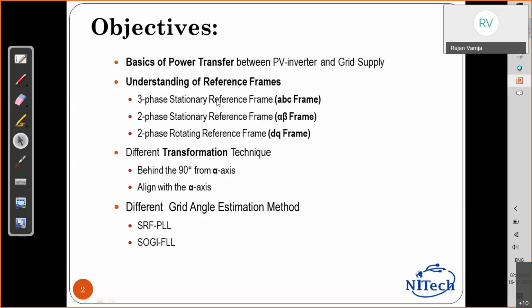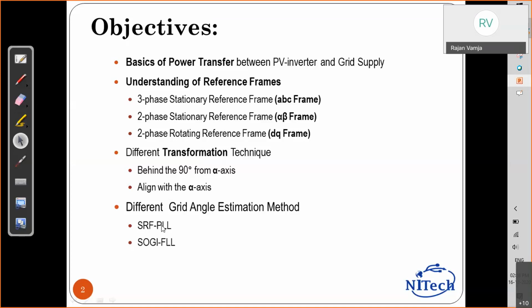Firstly, we will see the difference between them: the first one is the three-phase stationary reference frame, the second is also stationary but a two-phase stationary one, and the third is the rotating reference frame. After gaining clarity on this subject, we will touch upon the transformations. After that we will shift directly to SRF PLL. After understanding this, we can have some base to understand the SRF PLL.